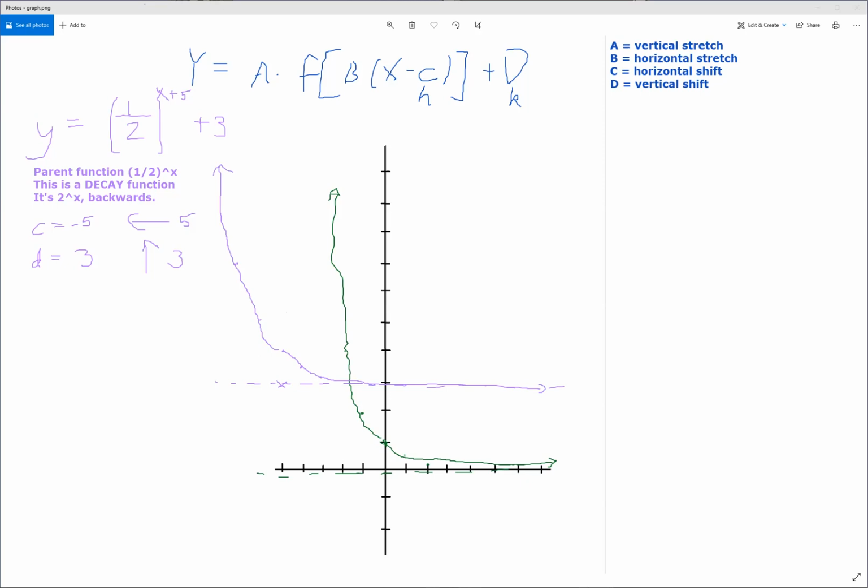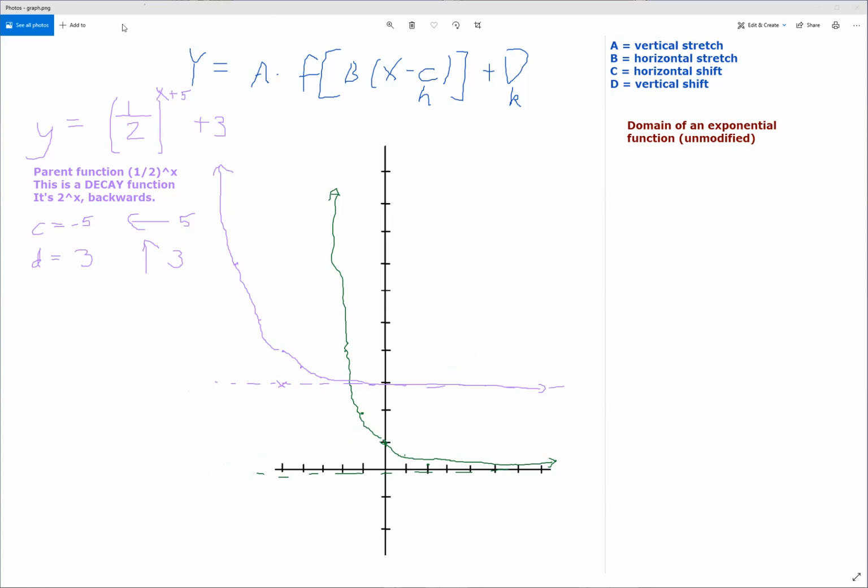And oh, by the way, we should talk about that domain and range thing, shouldn't we? Because teachers love domain and range for some reason. I don't know why. It's not really all that interesting. But the domain of an exponential function, unmodified, meaning a parent function. As you can see, we can plug in any number we want, and there's a value going all the way across, whether this is a decay function or a growth function.